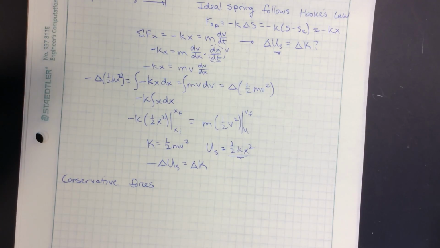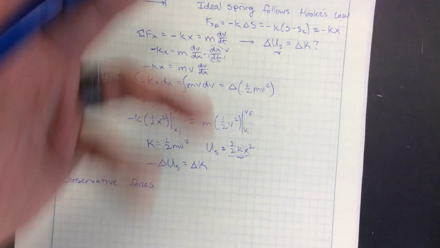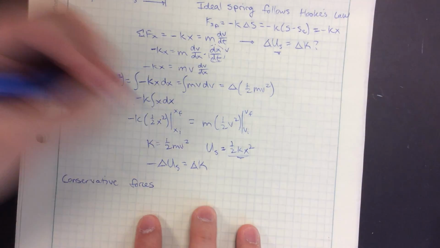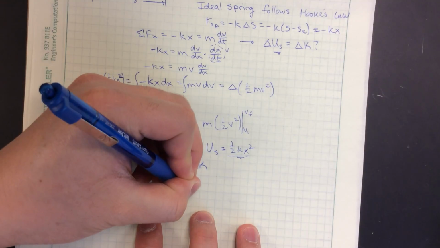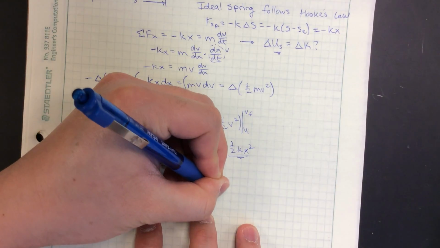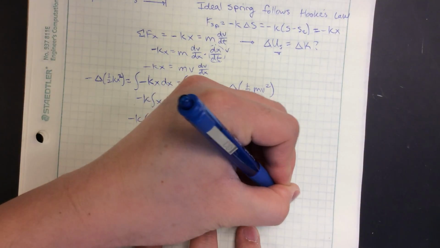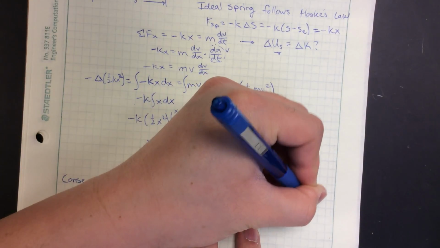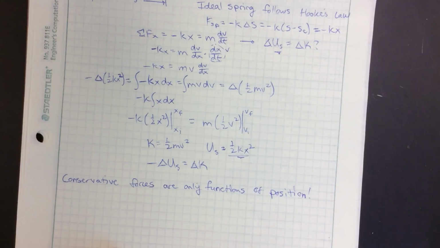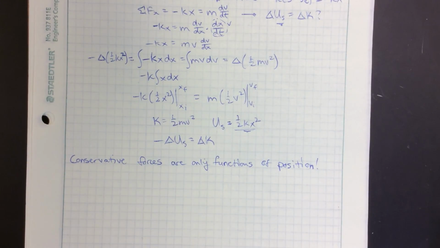Generally speaking, conservative forces, or forces where the work done is something you get back, are only functions of position. Okay, so in other words, they're not functions of time. Well, I take that back.